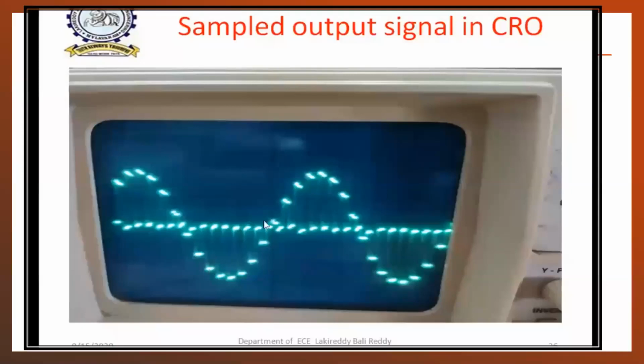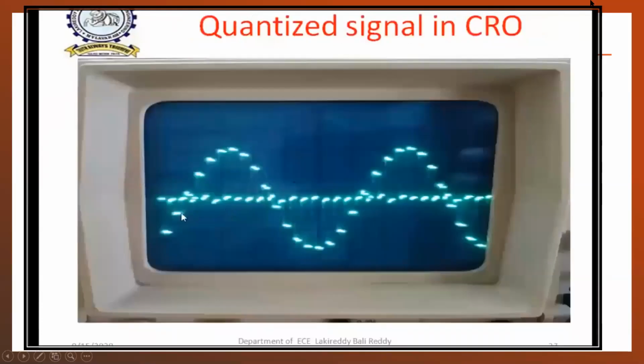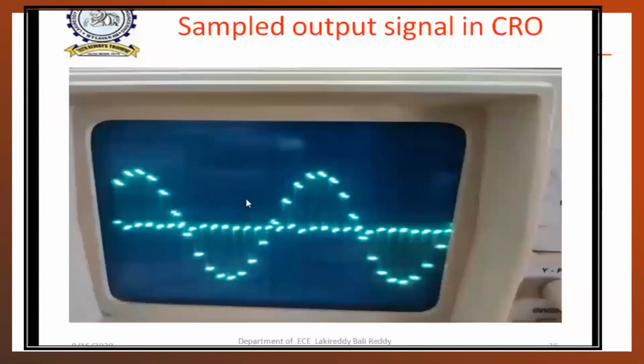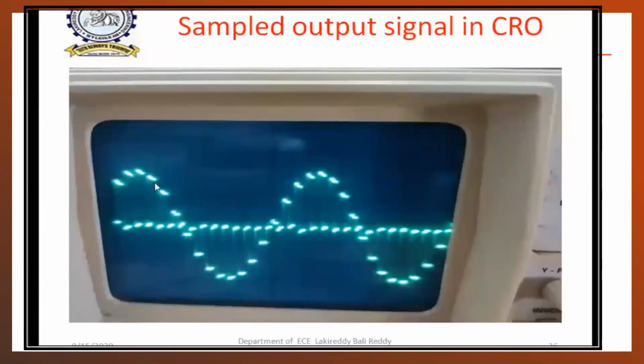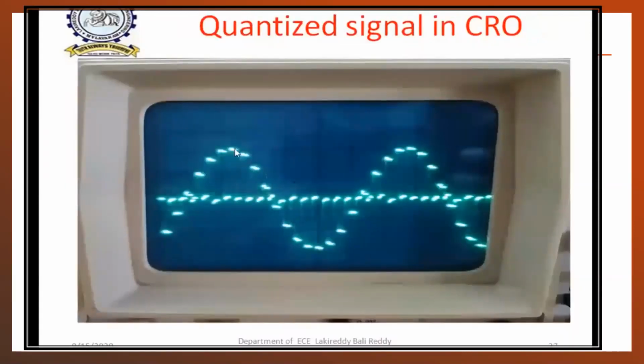Similarly, if you observe the quantized signal, both the sample signal and quantized signal look the same, but the sample signal may have some curvature, whereas the quantized output has constant output. The only difference between sample and quantized signals is that the sample values are approximated to the nearest quantized levels. Here there may be some approximation. All the sample values are approximated to the nearest quantization level.